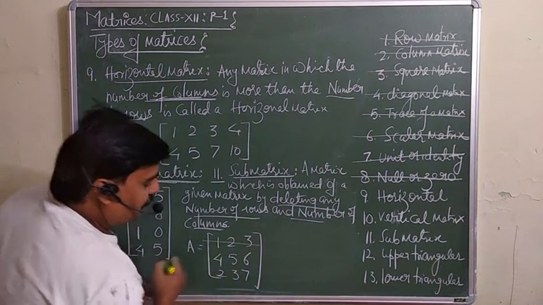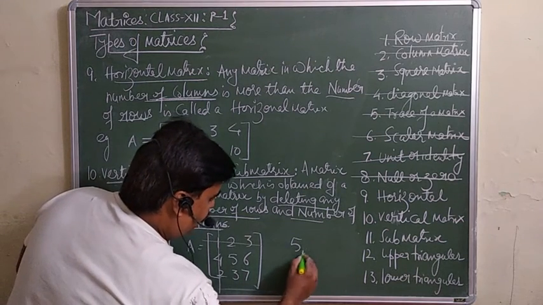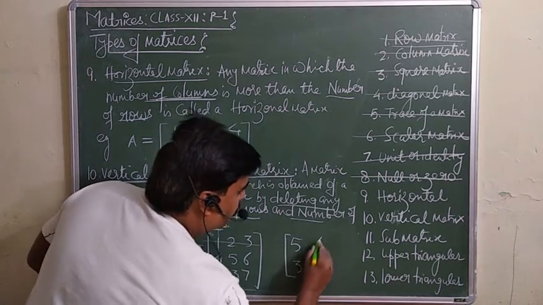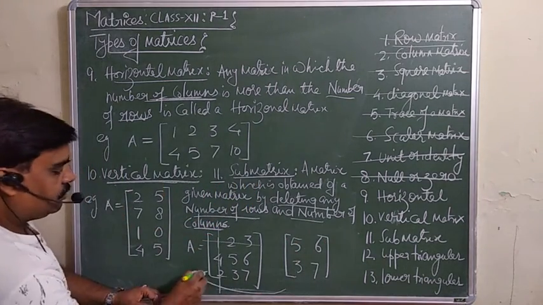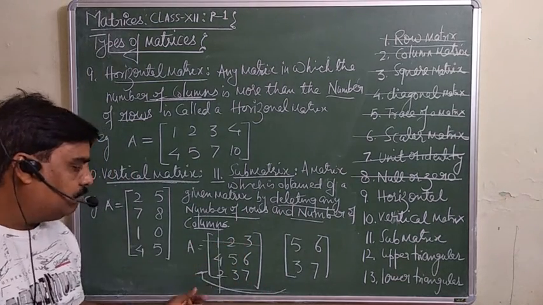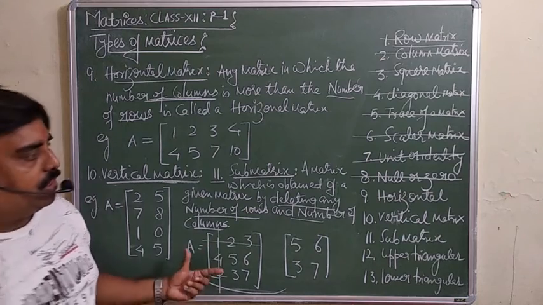Suppose I delete the first row and first column. The matrix you get is 5, 6, 3, 7. So this is a submatrix of matrix A. After deleting any row and column, the matrix you get is known as a submatrix of the given matrix.